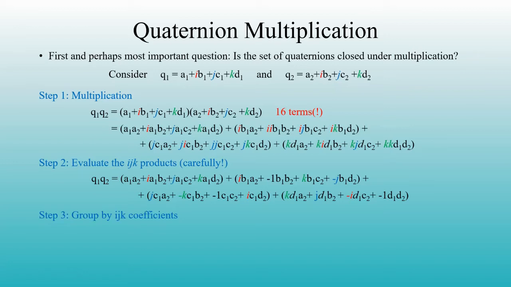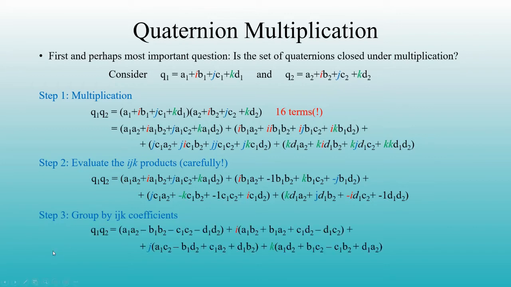Step 3 is to regroup the terms by their real or complex coefficients: the reals, the i's, the j's, and the k's. Here they are, and the results are encouraging. There are 4 of each kind of term, 4 reals, 4 i's, 4 j's, and 4 k's. That kind of symmetry generally bodes well. But it gets better. We can see that there are no leftover hybrid terms.